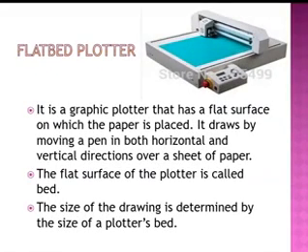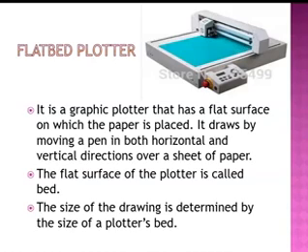So, a flatbed plotter is a graphic plotter that has a flat surface on which the paper is placed. It draws by moving a pen in both horizontal and vertical directions. The flat surface of the plotter is called bed.